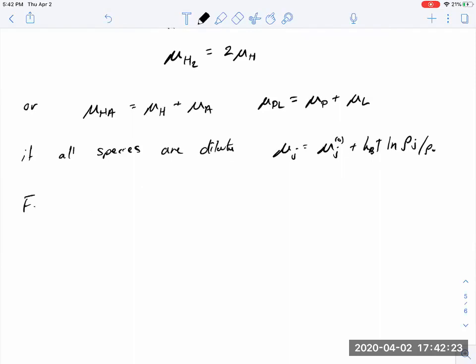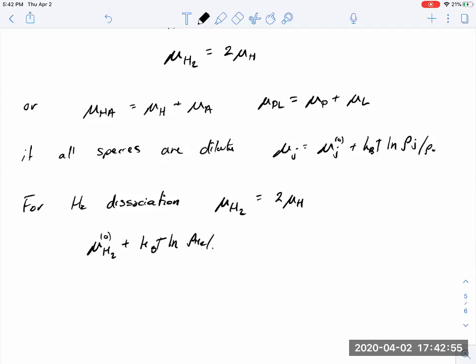For example, for H2 dissociation, we just worked out that the chemical potential of H2 at equilibrium must be twice the chemical potential of monatomic H. So if H2 is dilute, its chemical potential is the sum of its standard state chemical potential plus kBT log its density over some reference density.